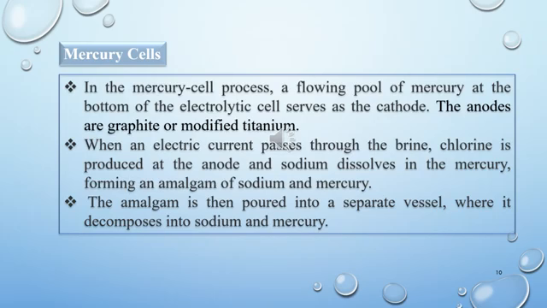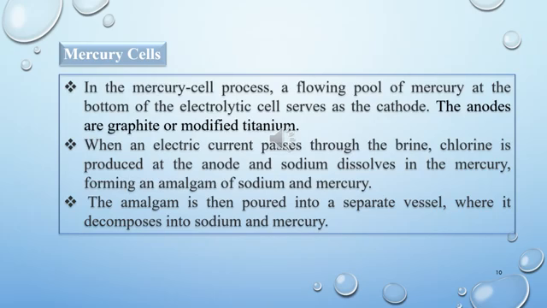Now, what will be the process in that cell and what happened to the prime when electrolysis occurred? When electric current passed, chlorine produced at the anode.